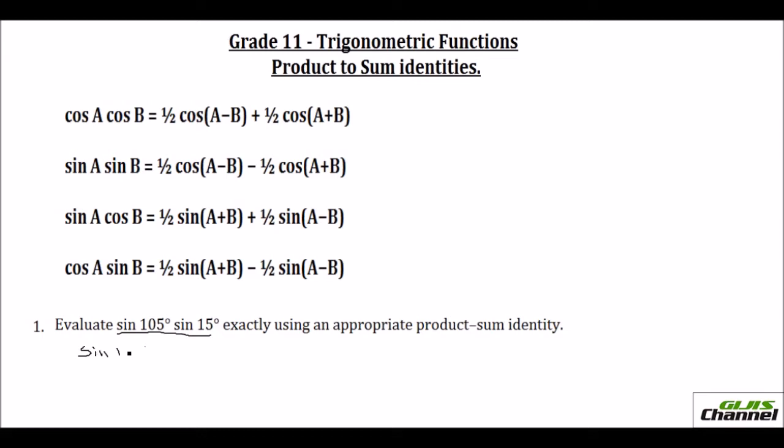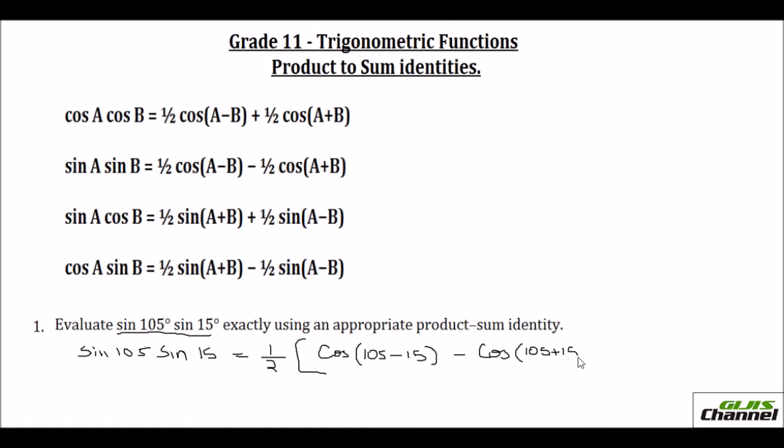Sin 105 sin 15 equals, I just take the half outside, and since it is both sine, you will have cos here, and always the difference of the angles comes first. So that's cos(105 minus 15). And since it is sine here, it is negative, and again cos of the sum of the angles, that is 105 plus 15.